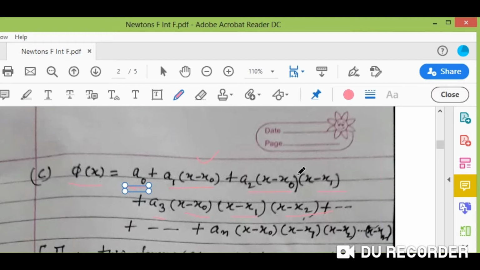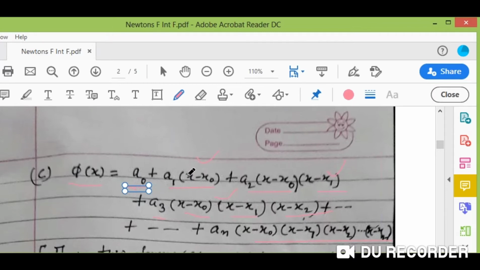In case of a2 we have introduced one more constant x1. Similarly, three factors are multiplied here, and it started from 0, so up to n minus 1, again here are n factors.